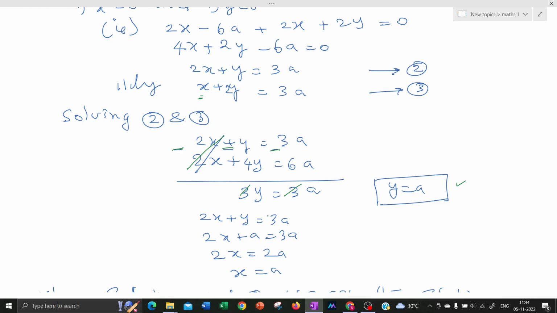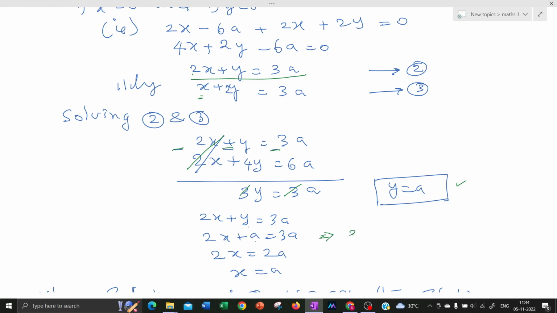Substituting y equals a in any one of the equations, for example the second equation, we get 2x plus y equals 3a. Substituting y equals a here, 2x plus a equals 3a. Taking a to that side, 3a minus a will come.